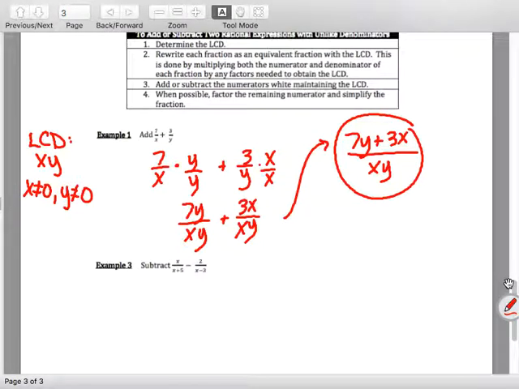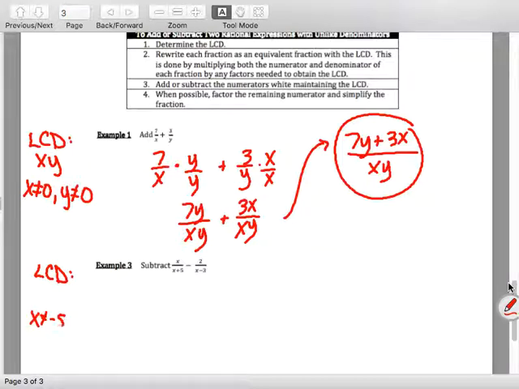All right, so jump to this example 3. It says subtract x over x plus 5 minus 2 over x minus 3. All right, what do you think the LCD is, Daria? Okay, those are my restrictions.